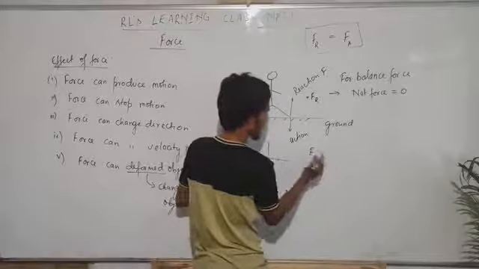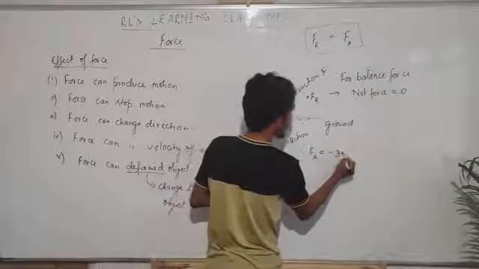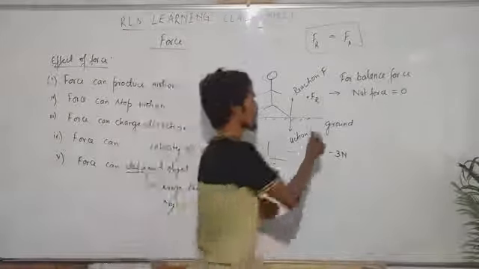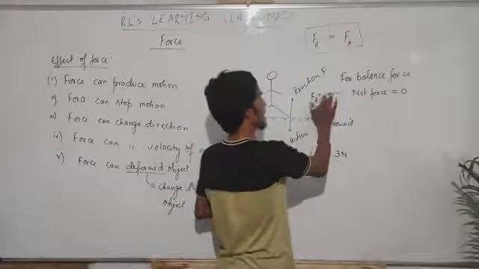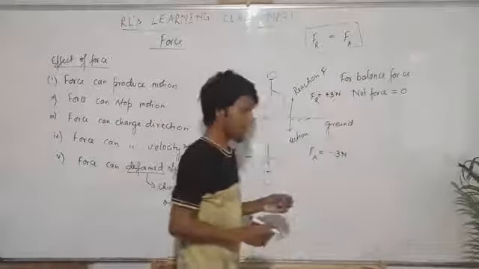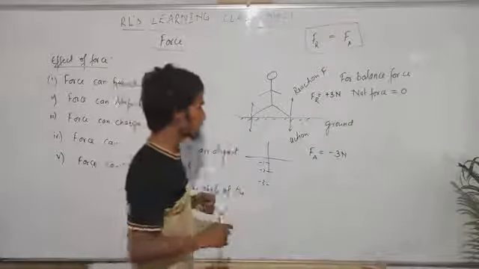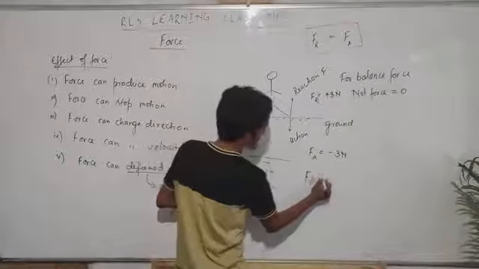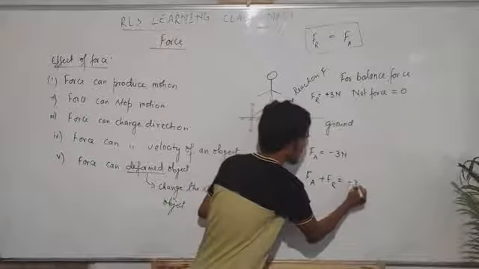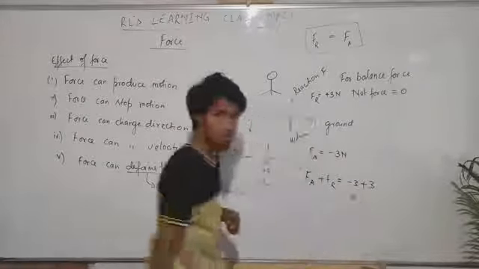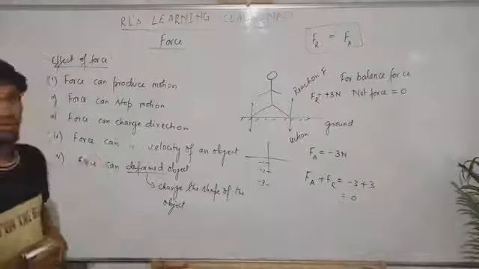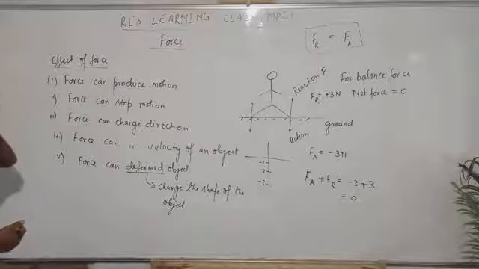For example, FA is equal to -3 Newton. Because remember, the unit of force is Newton, we will come to that. Then the reaction force, because they have to be equal, is positive 3 Newton. Then if I total them, FA plus FR, action and reaction, we get -3 plus 3. How much do we get? 0. Means the net force for balanced force is always 0.